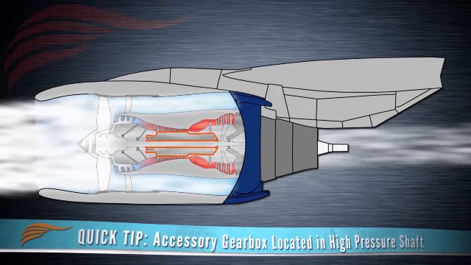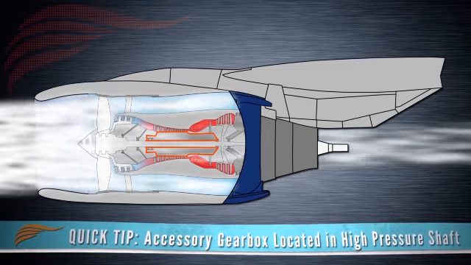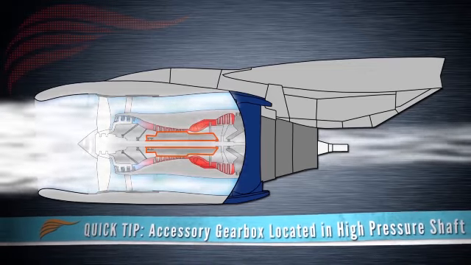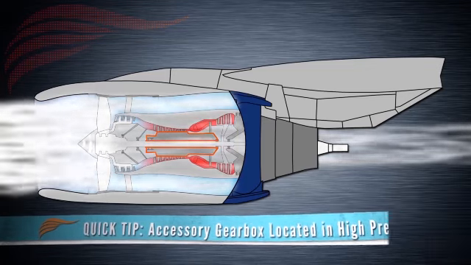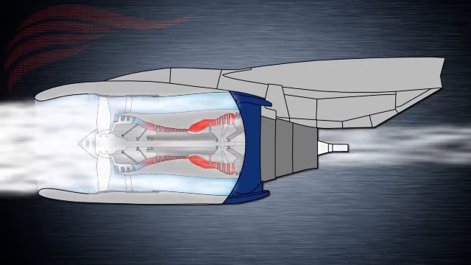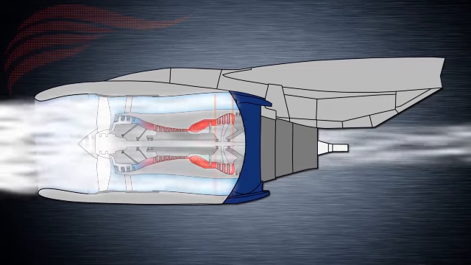The high-pressure shaft also turns an accessory gearbox that holds and operates the airplane and engine accessories. Some of these are the hydraulic pumps, sensors, oil filters, etc. The remaining thermal energy from the hot gases is also converted into mechanical energy by the low-pressure turbine.